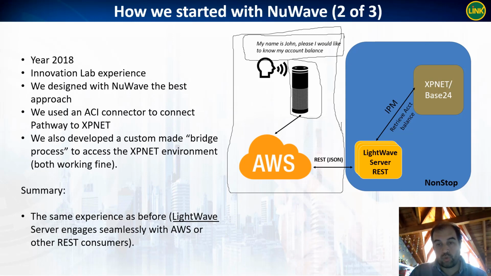The other approach was to develop a pathway server that we called a bridge process, which was in the middle of those two middlewares. The idea of that server was to generate a connection using a socket with XPNet. Both approaches worked fine. And again, LightWave Server allowed us to integrate in a very easy way different kinds of services, in this case, AWS.